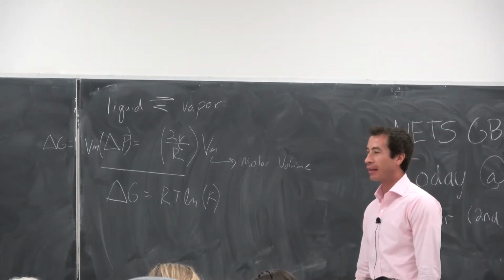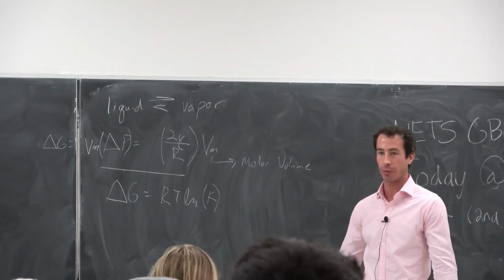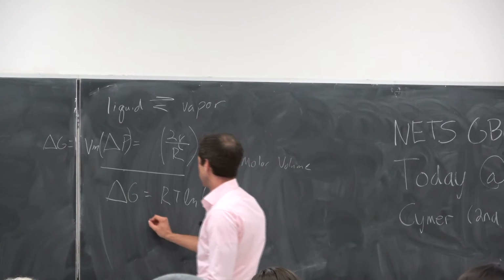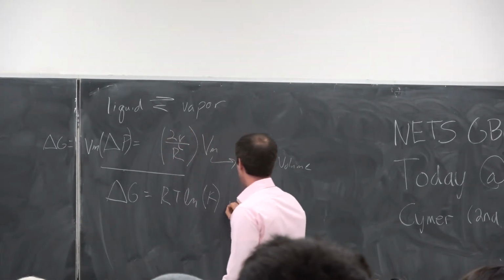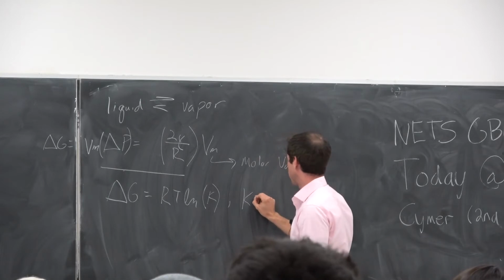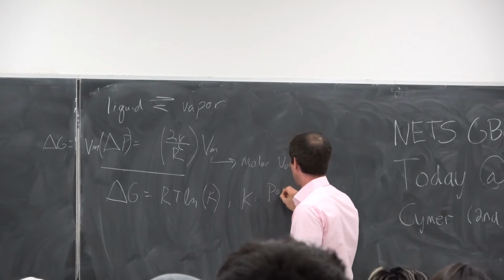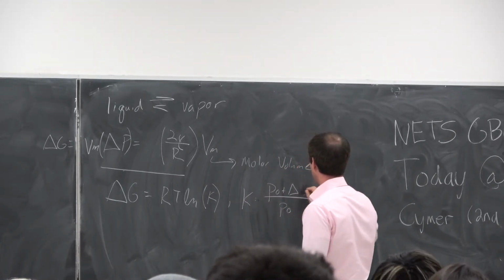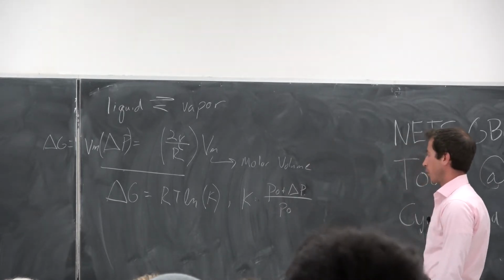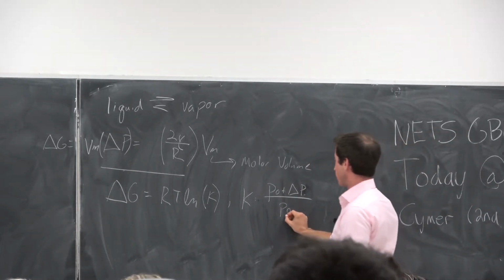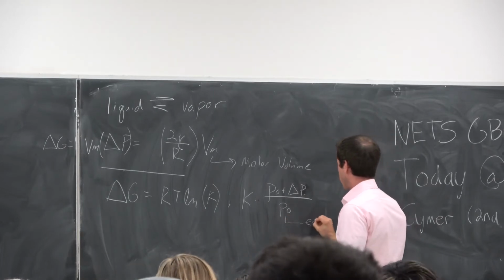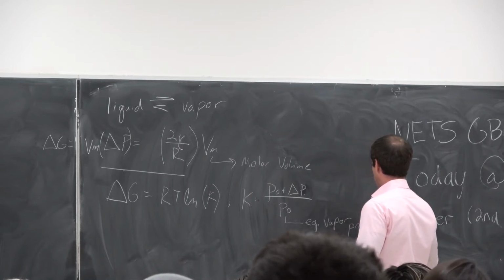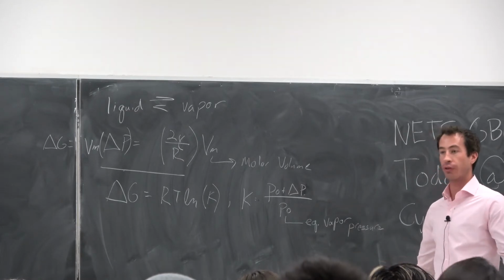So K can be many things, right? K is generally our equilibrium constant. And so in this situation, we can think about it as, where this is the equilibrium vapor pressure for the bulk system.